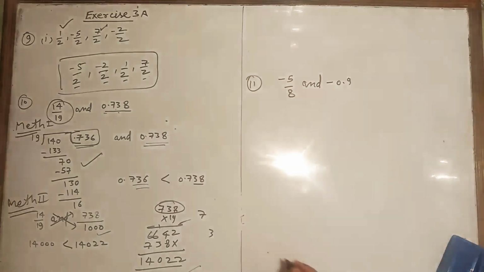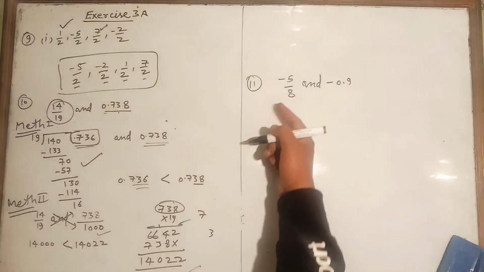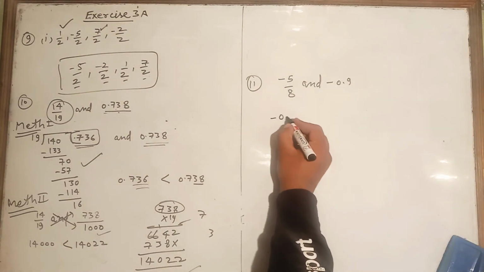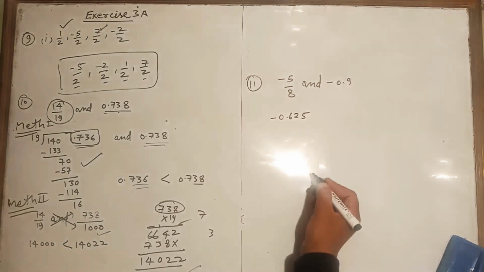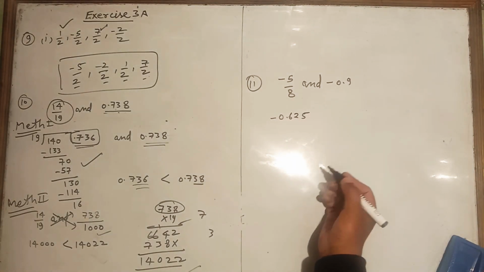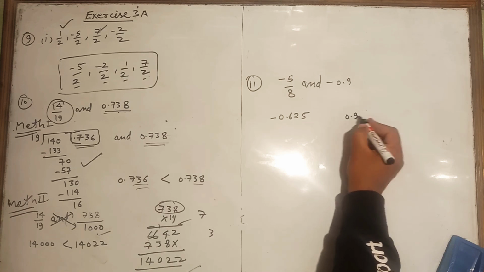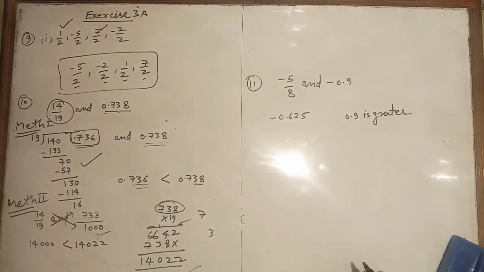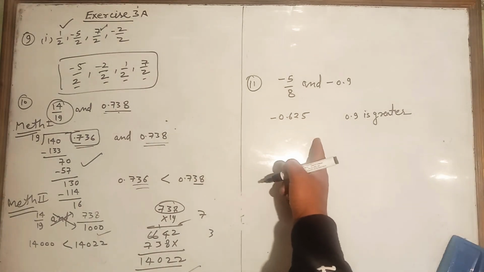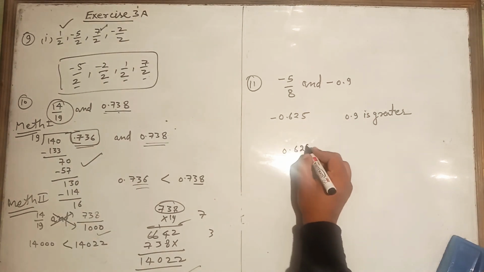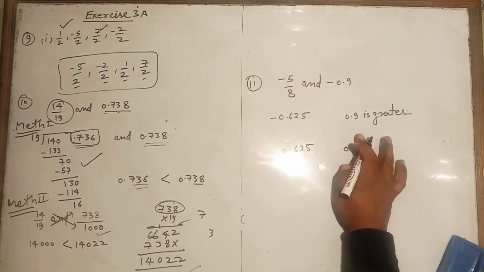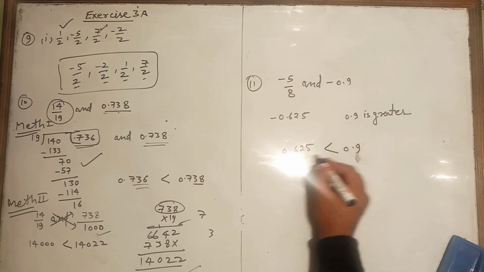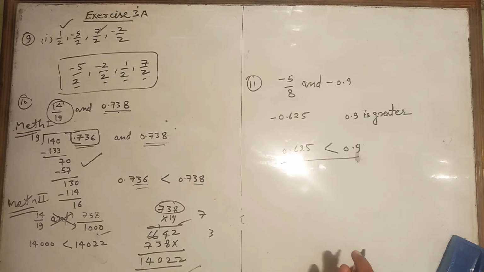He changed -5/8 to a decimal after dividing; it was -0.625. He wrote that since 0.9 is greater than 0.625, so -0.9 is greater than.